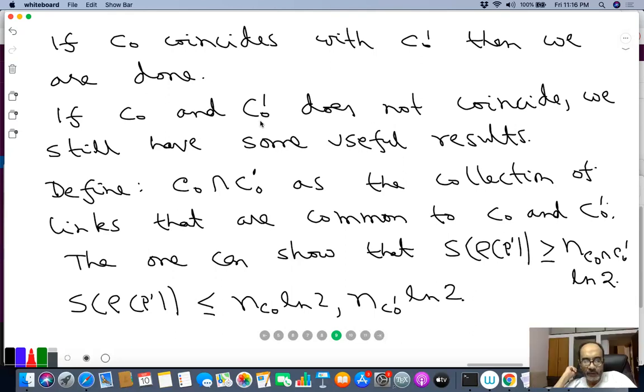So if C0 and C0 prime don't coincide, then the proof doesn't work. C0 is still an isometry as far as the map to P prime goes, and C0 prime is still an isometry as far as the map to Q prime goes. But there is no cut for which both sides are isometries.